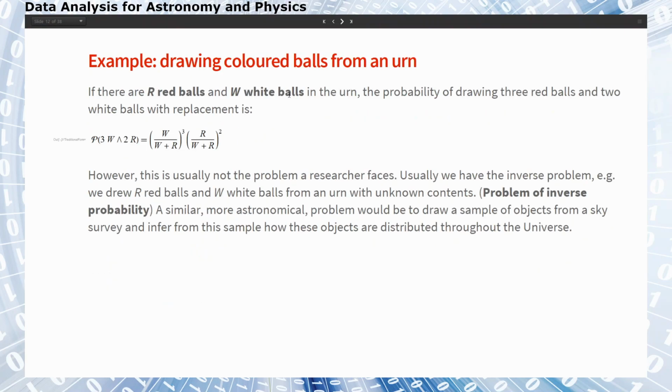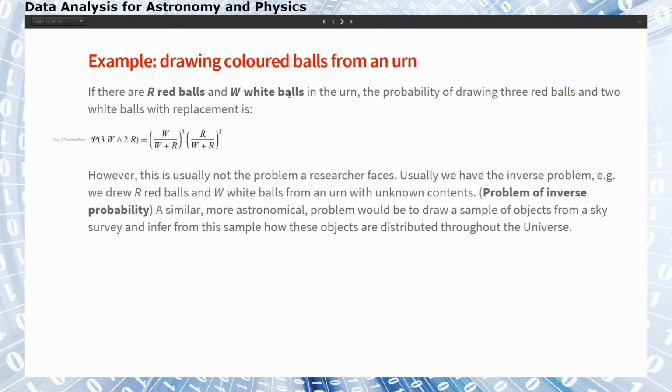Let's look at an example. Again, we are drawing colored balls from an urn. Let's say there are red balls and white balls in an urn, capital R red balls and capital W white balls. If we know R and W, we can compute the probability of drawing 3 red balls and 2 white balls.